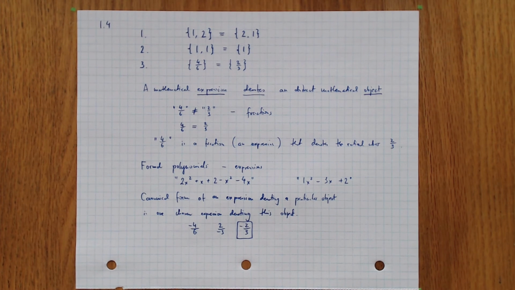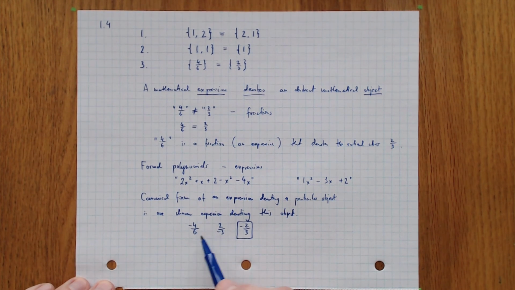The importance of canonical forms stems from the fact that they make it easy to tell if two expressions denote the same object.